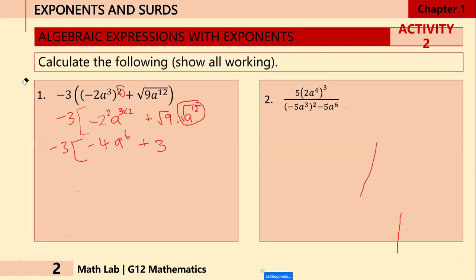All right, so it's going to be a to the power of 12 over 2. Then we have this, then minus 3 into 4a to the power of 6 plus 3.